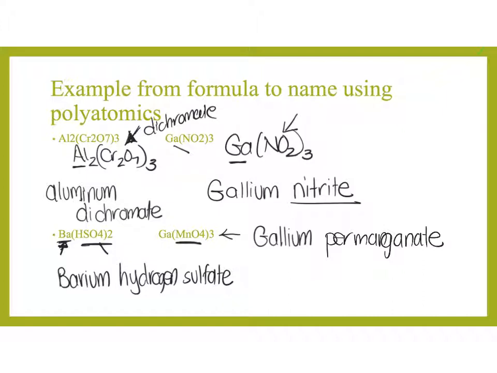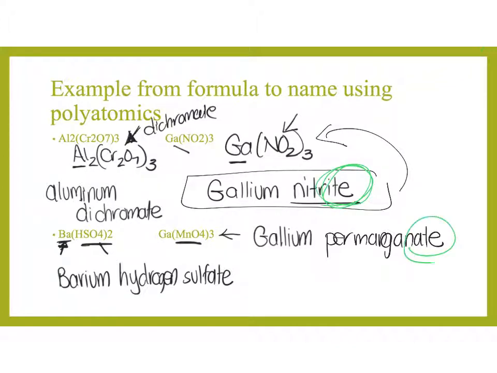You can recognize that things come from the polyatomic if you're working backwards. So if you had the name, for instance, and you had to work backwards to the formula, you can recognize polyatomics because of this. They end in always ITE or ATE. You'll notice that the ending is different than the regular IDE. So those are kind of hints that it's on the polyatomic chart.